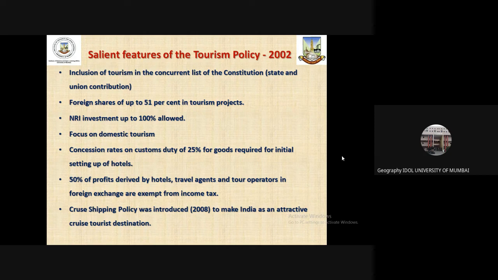Focus on domestic tourism and also international tourism to some extent. Concession rates on custom duty up to 25% for goods required for the initial setup of hotels. 50% of profit derived by hotels is exempted from income tax. The cruise shipping policy was introduced in 2008 in order to make India an attractive cruise tourism destination in the world.